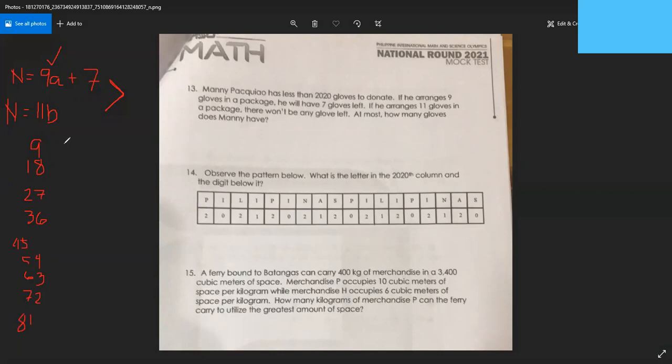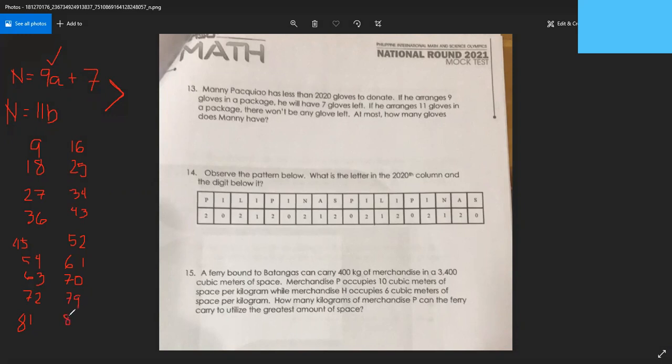9 plus 7, that is 16. So 16 is not divisible by 11. 18 plus 7 is 25. And then this will become 34, and then 43, and then 52, this would be 61, this would be 70, this will be 79 and this will be 88.